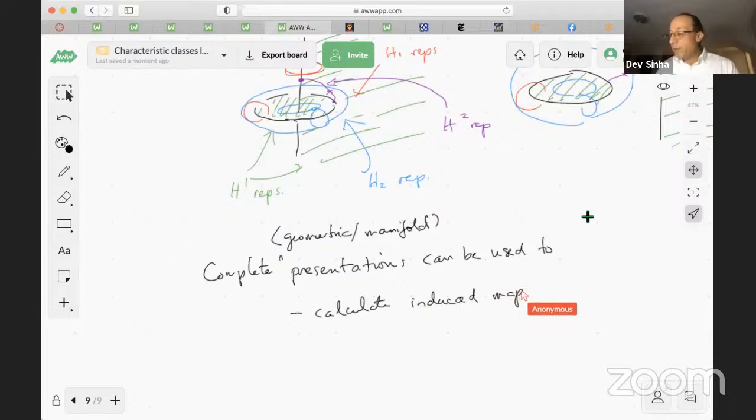The simplest case is sometimes you want to show that something's zero on homology and cohomology. You could actually show that some pre-image is empty. But more generally, what would you do? You'd pull back. If you want to do an induced map on cohomology, you pull back, and then that means taking the pre-image and then you're intersecting with your homology representatives of your domain. So you need complete presentations for both. Or another application is that you can calculate cup products.